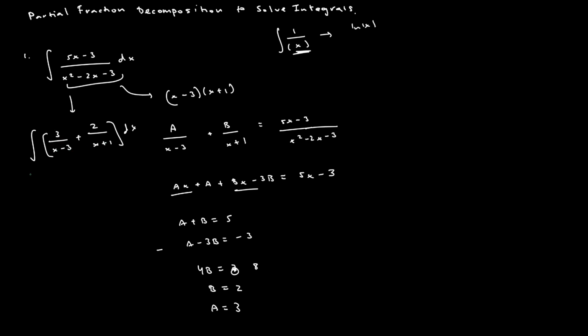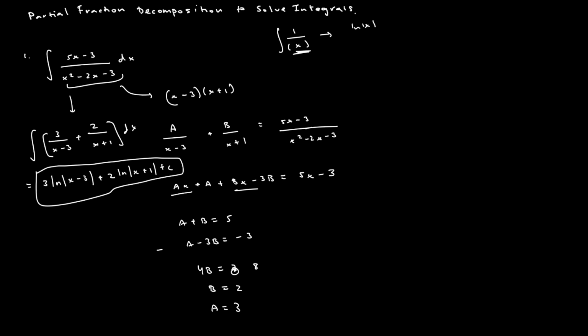And so the antiderivative will simply be 3 times ln of absolute value of x minus 3 plus 2 times ln of absolute value of x plus 1 plus c. So partial fraction decomposition allowed us to find the antiderivative of our integral. And that's the whole method, the general gist of using partial fraction decomposition to solve integration problems.